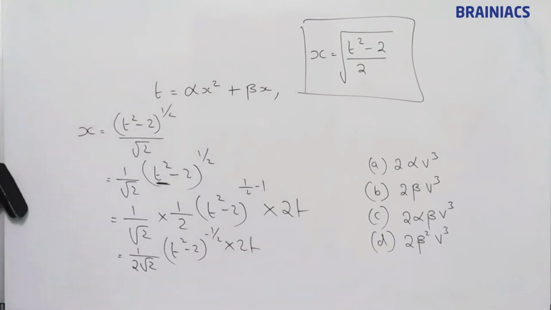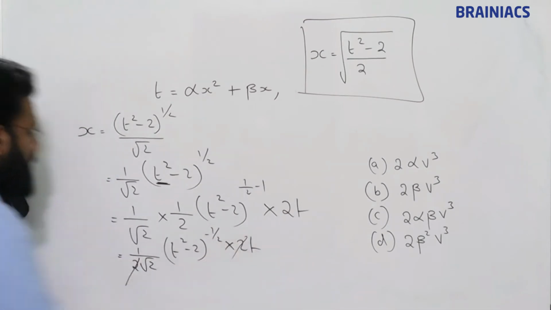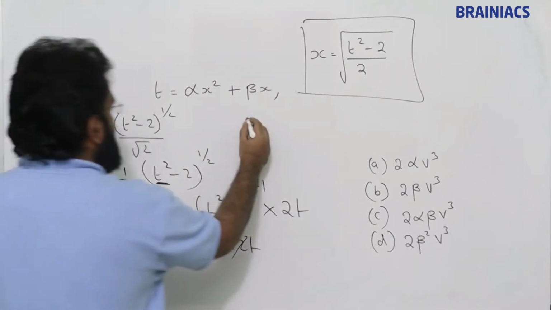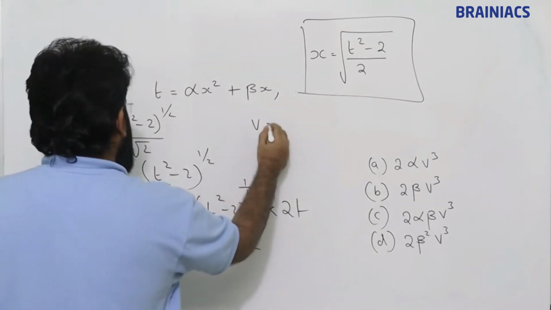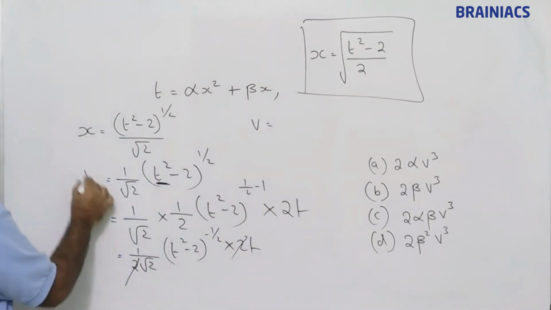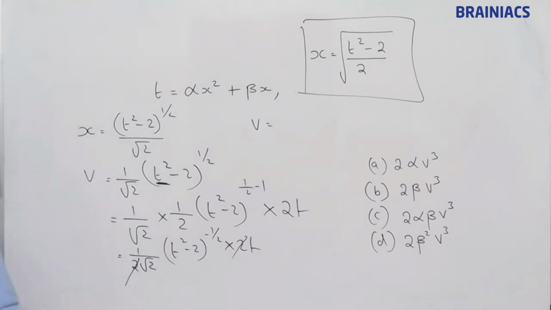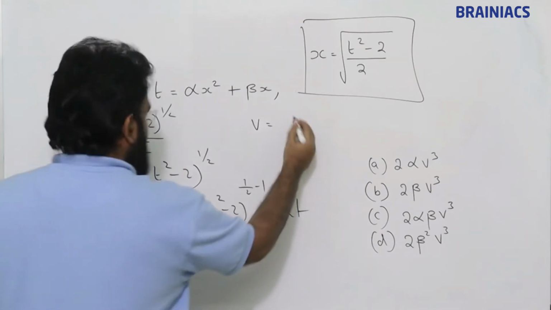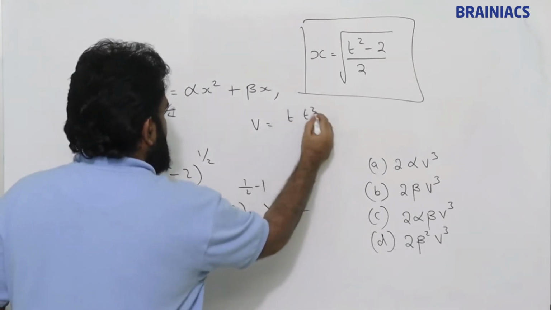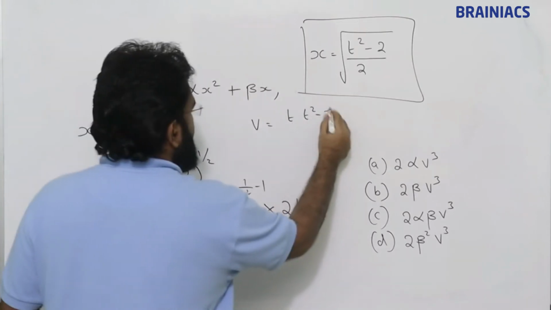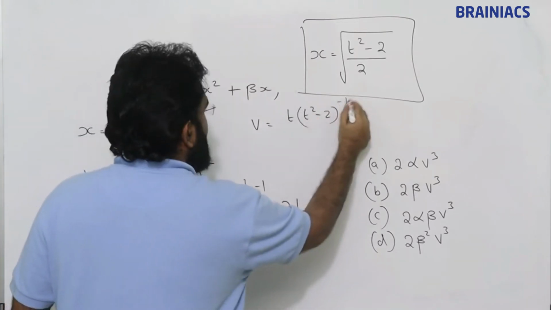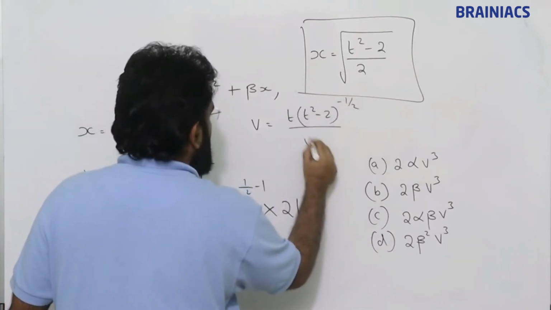This 2 will cancel off, and what we get is v is equal to t into t square minus 2 all raised to minus 1 by 2, divided by root 2.